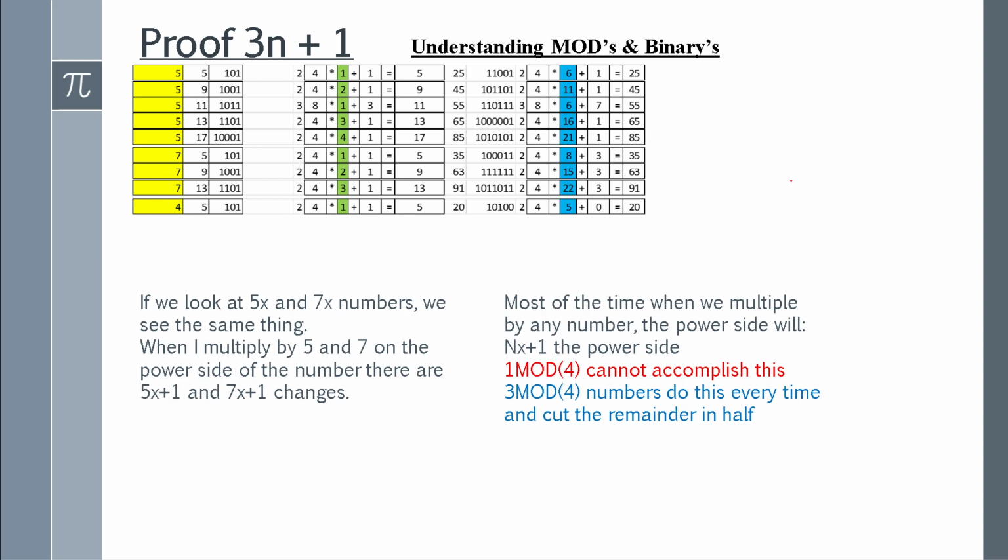And it works for even numbers. 4 times 1 is 4 plus 1 is 5. 4 times 2 is 8 plus 1 is 9.